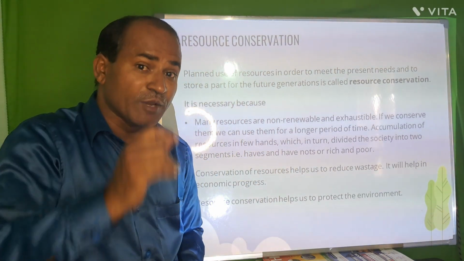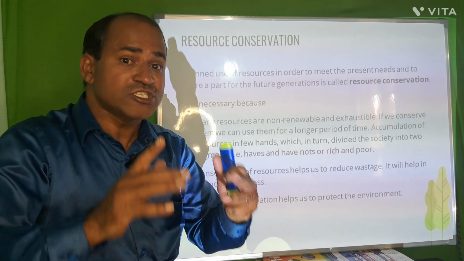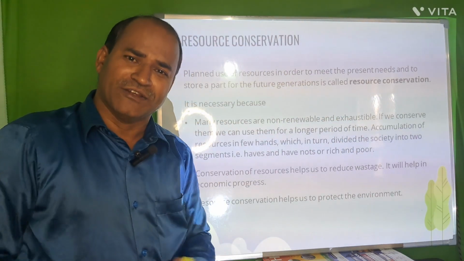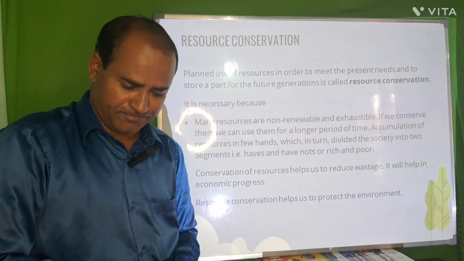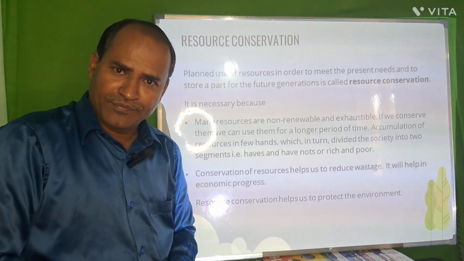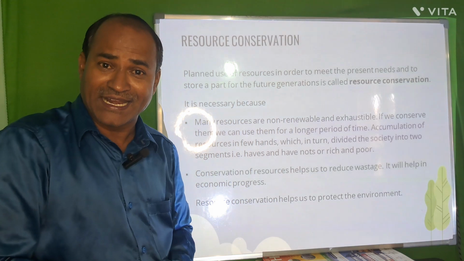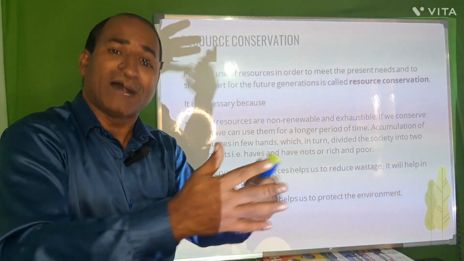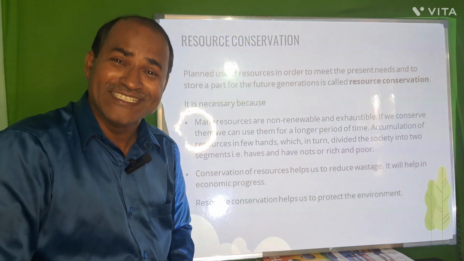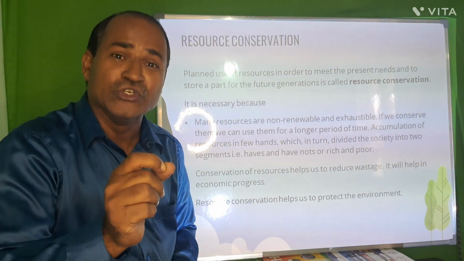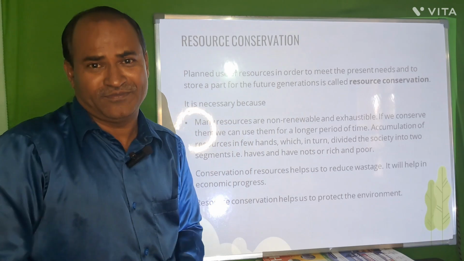Okay children, you should remember, for the purpose of resource conservation, at the international level there is an organization. They organized a meeting in Brazil. More than 100 nations participated at Rio de Janeiro in Brazil in June 1992.